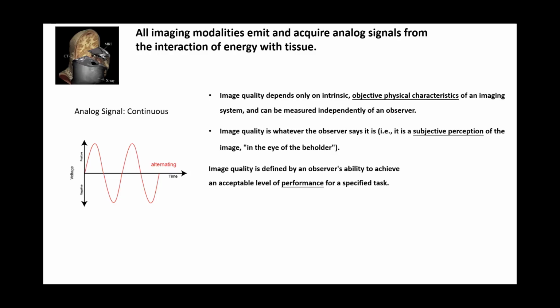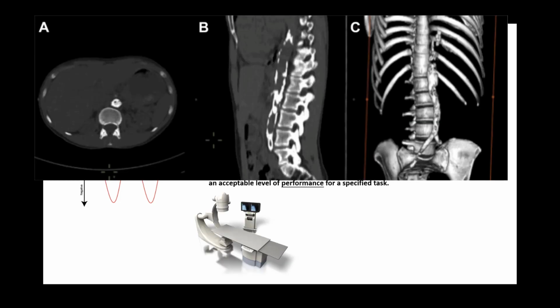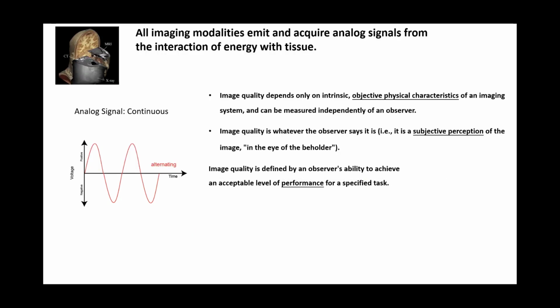Image quality is whatever the observer says it is. It is a subjective perception of the image, or as we often say, beauty is in the eye of the beholder. Image quality is defined by an observer's ability to achieve an acceptable level of performance for a specified task.